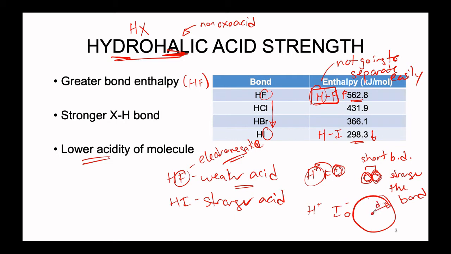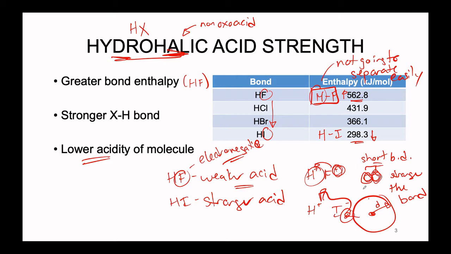If this is our nucleus, and this is kind of the size relative to the nucleus of our atom, this very large distance here means that we're going to have a very large bond distance, and we are going to have a weaker bond between the HI as a result. In other words, the distance from this H+ to the iodine nucleus is so great that the hydrogen, this H+, can just leave, and the iodine would not even notice the difference. Okay, so this is how we can describe the hydrohalic acid strength.